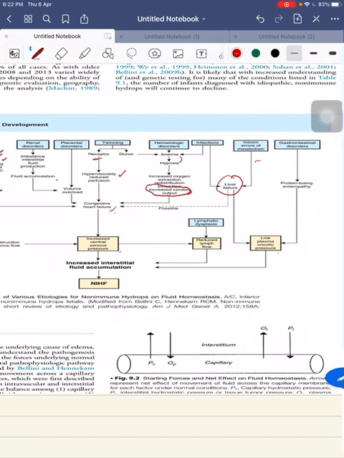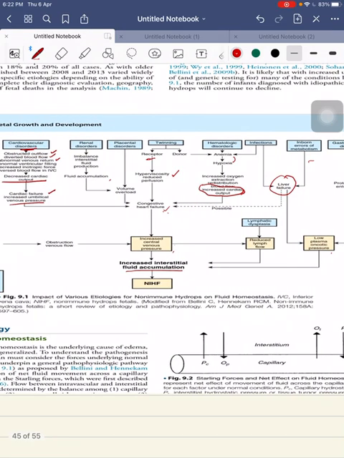In inborn error of metabolism, it leads to liver failure, which causes low plasma oncotic pressure. This low plasma oncotic pressure will lead to increased interstitial fluid accumulation. In gastrointestinal disorders, if there is a protein losing enteropathy, it will also have low oncotic pressure, which in turn will lead to increased interstitial fluid accumulation.